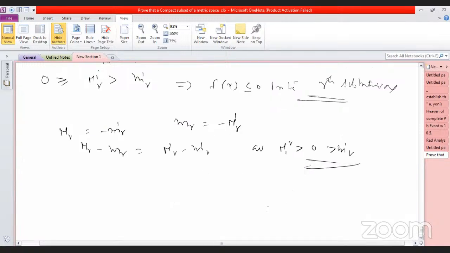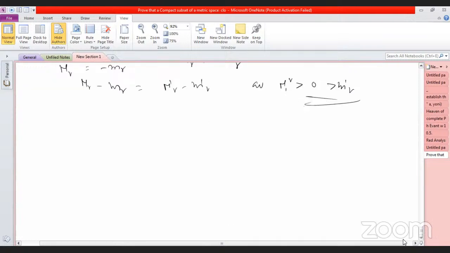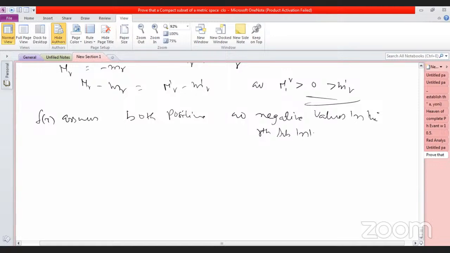Supremum is greater than 0 and infimum is less than 0. So therefore f of x assumes both positive and negative values in the rth subinterval we are taking here.